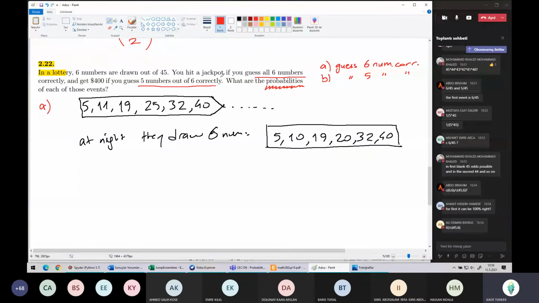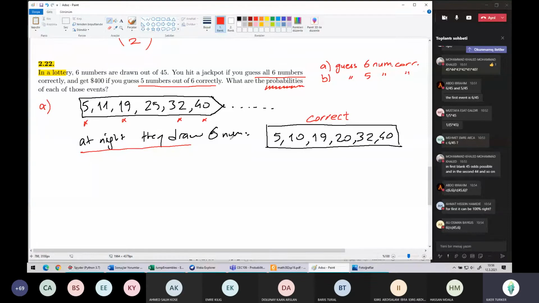These are correct numbers. At night, they draw 6 correct numbers. And you check which ones match the correct numbers. These match. You have 4. What is the probability?